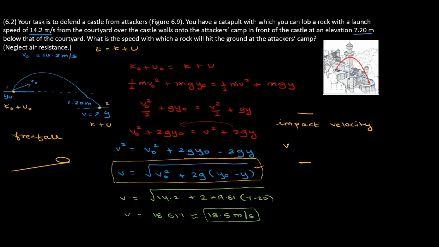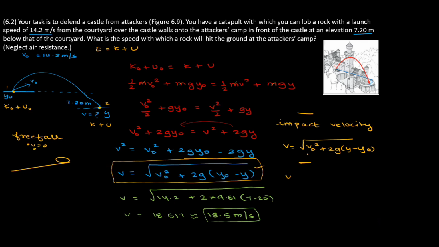So you can write this as v equals square root of v naught squared plus 2g times y minus y naught, where y minus y naught is the difference in height, the difference in distance between the two points. In a lot of cases, your initial velocity can be 0, like in free fall motion, where an object is falling from a certain height. Generally in free fall, the initial velocity at this point we take to be 0.